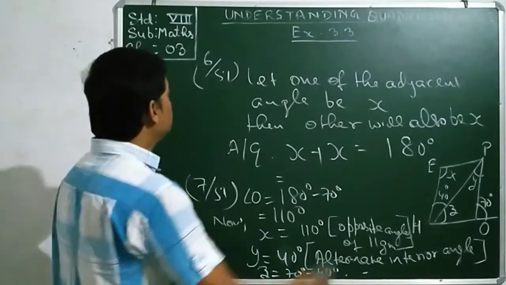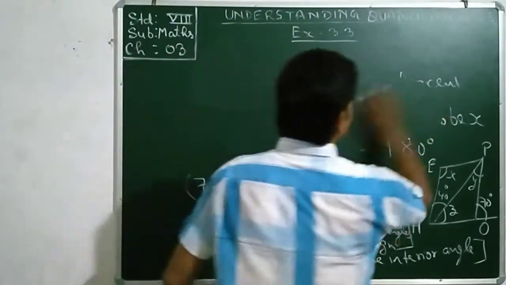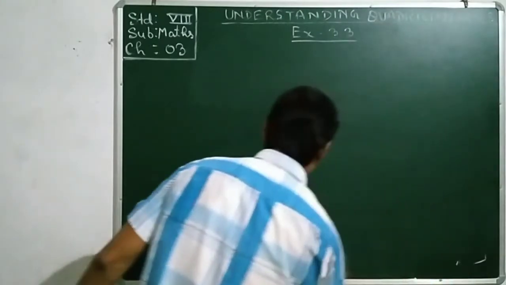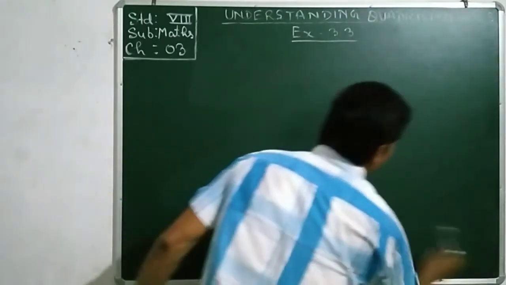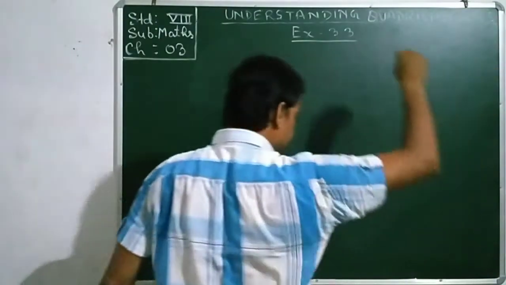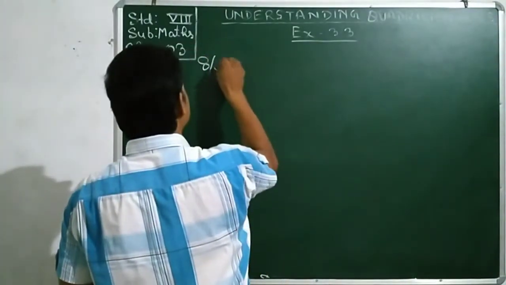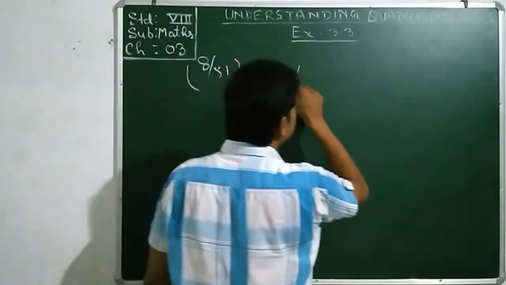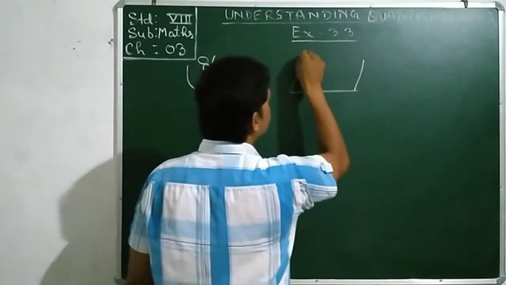And now come to the 8 number sum. In the 8 number sum, two figures are given there. One figure is GUNS and the figure looks somewhat like this.